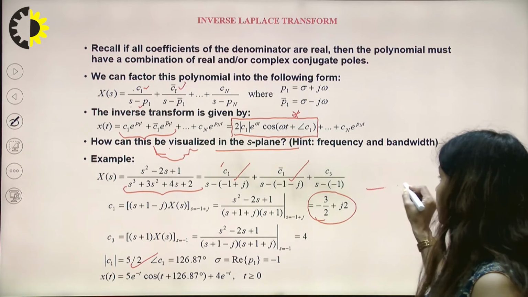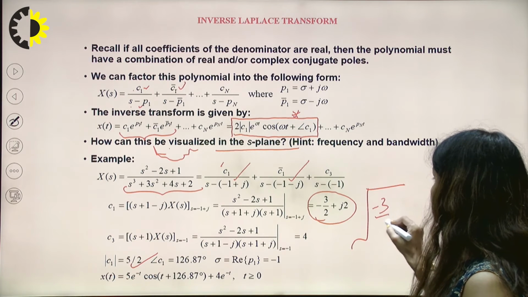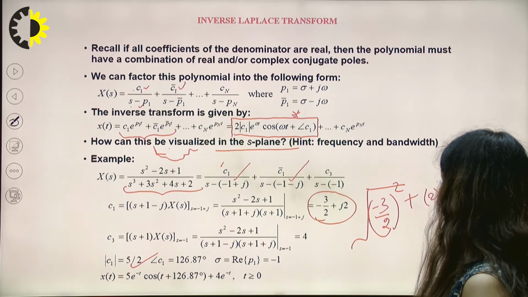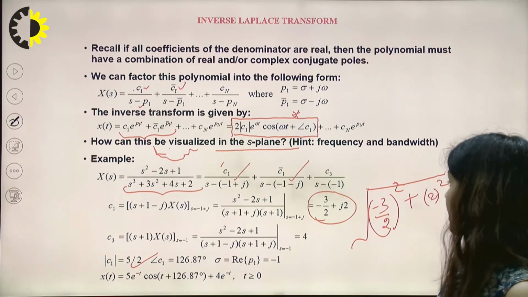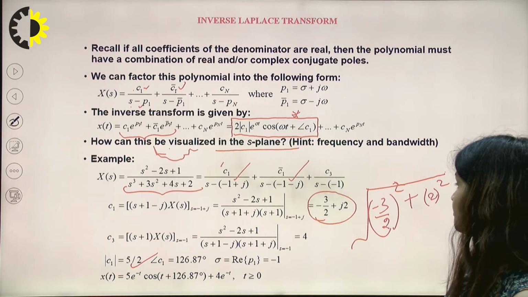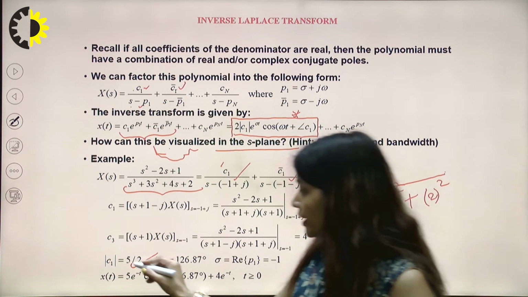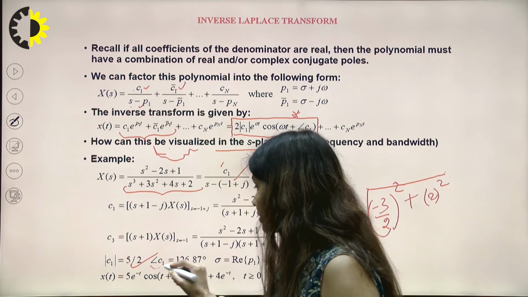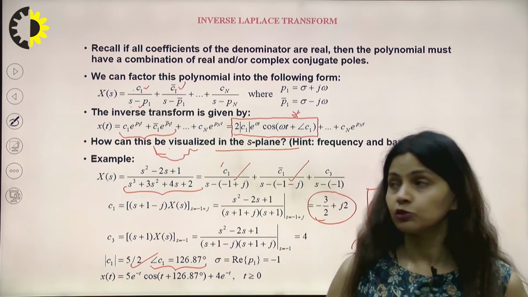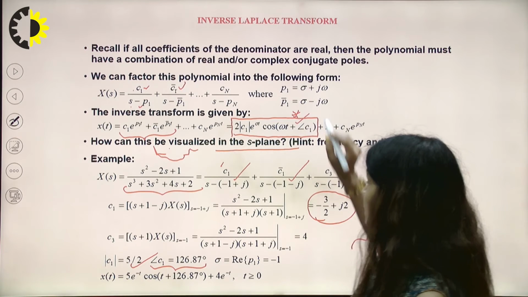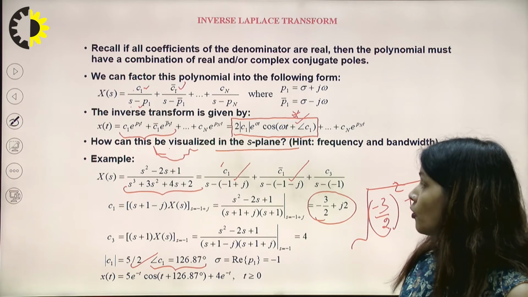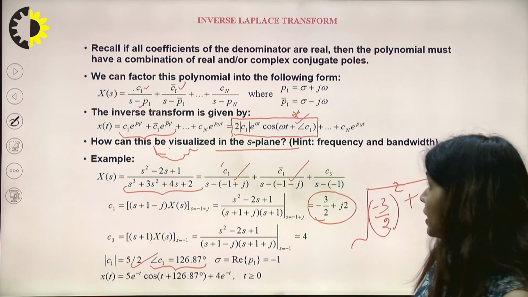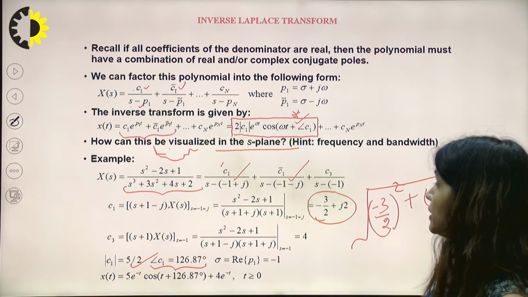In the same way we get the 5 by 2 as the value for mod of C1. Now I need to calculate the angle of C1 also, because I need to put it in this particular form, right? Now coming to the sigma part, so what should be the sigma?